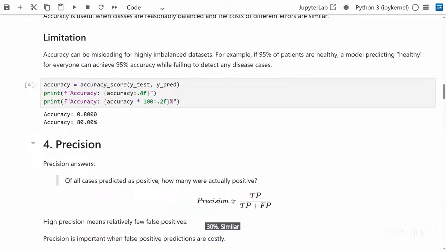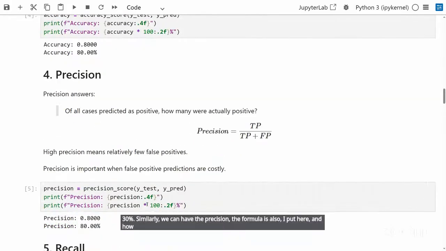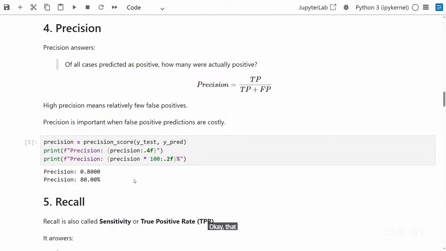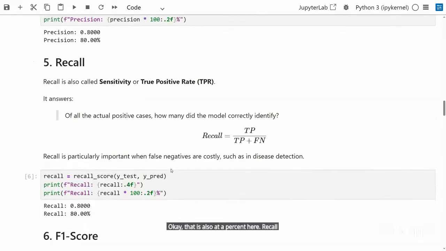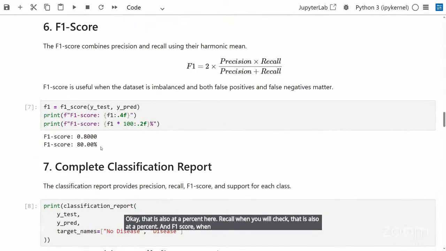Similarly, we can have the precision. The formula I also put here, and how you can calculate everything is there. Precision, that is also 80% here. Recall, when you check, that is also 80%. And F1 score, when you check, that is also 80%.